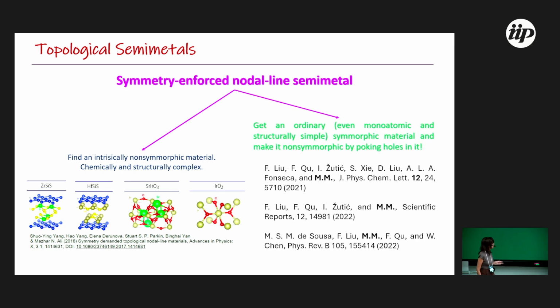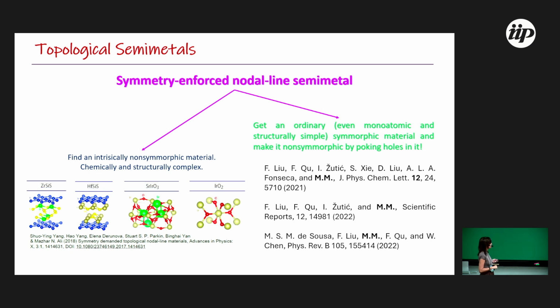But what I'm offering is an alternative route to get, from a very boring, in principle, in terms of structure and chemical composition, material, even monoatomic and structurally simple, 2-dimensional. And I don't have time to go into this, but nodal line semimetals are not even expected to exist in 2 spatial dimensions, but this route gives it for other fundamental reasons.